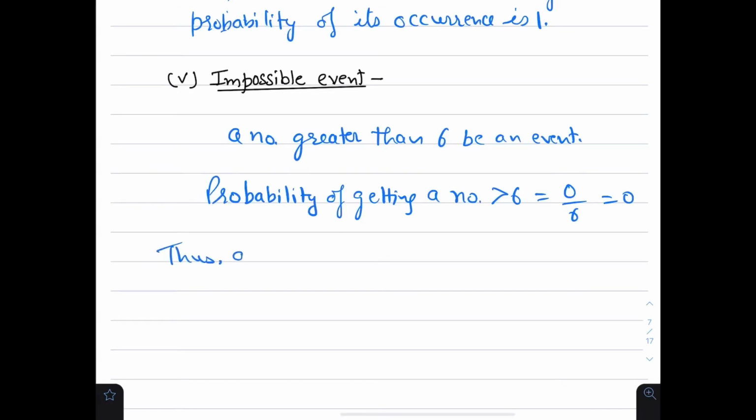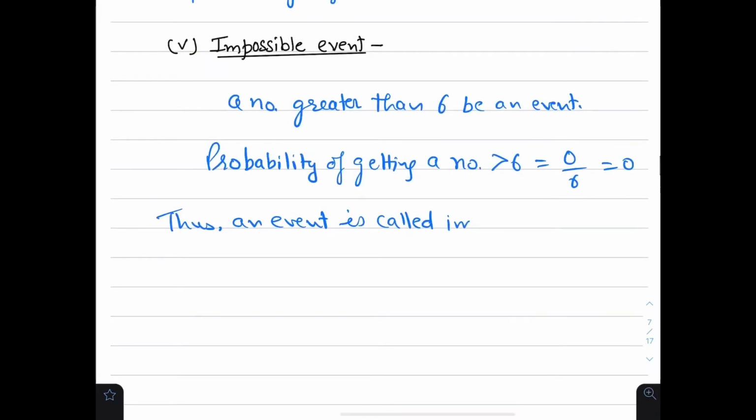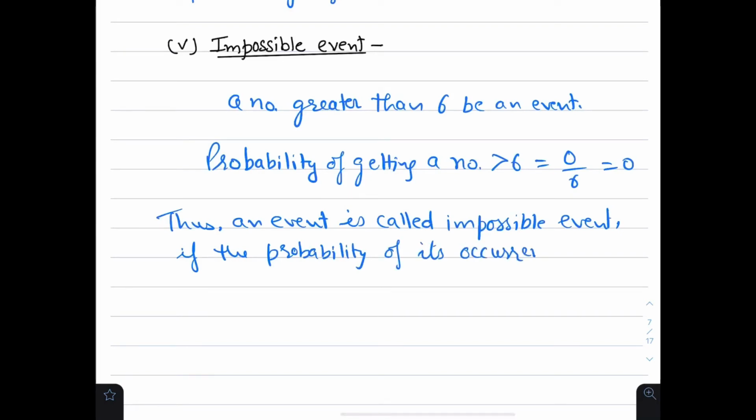Thus, an event is called an impossible event if the probability of its occurrence is 0.